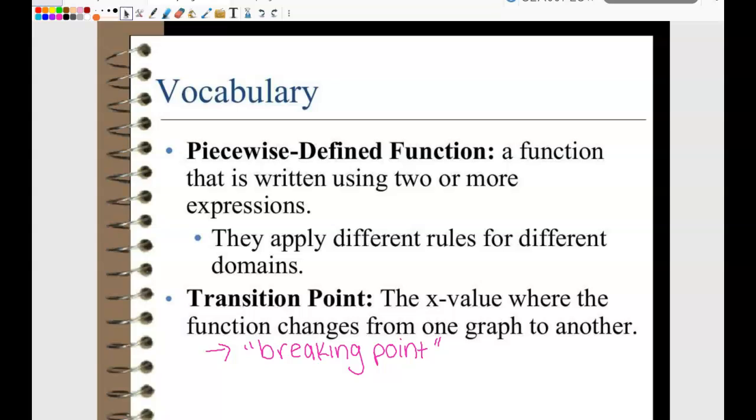The x value where the function breaks is called its breaking point or transition point. The point where a function changes is called its breaking point or transition point.